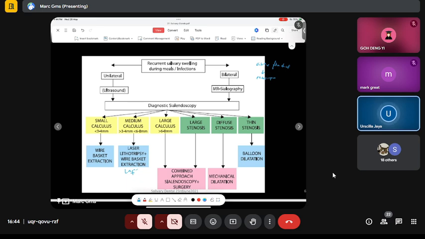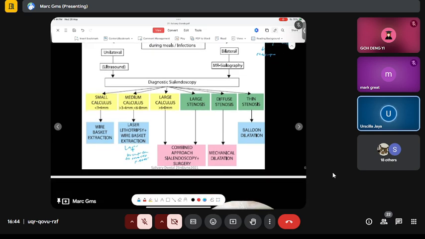Or if it's very large, which is more than 6 to 8 mm, you do a combined approach, which is sialendoscopy and surgery. So basically, you open it up and then you suture it to the sides. And even for stenosis, if it's a small stenosis, you can either dilate it or do a balloon dilatation.